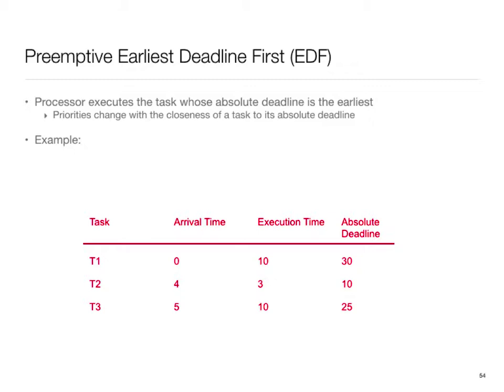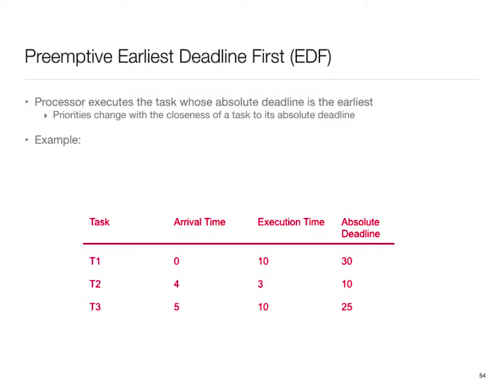So what will happen in this case? When I start out at t equal to 0, task 1 has arrived. It's the only task in the system, so it has the highest priority and starts running. Then at time 4, T2 arrives, and T2's deadline is 10 on the wall clock. So now it becomes the higher priority, and we give the CPU to it. At 5, T3 arrives, its wall clock deadline is 25, so it's out in the future.